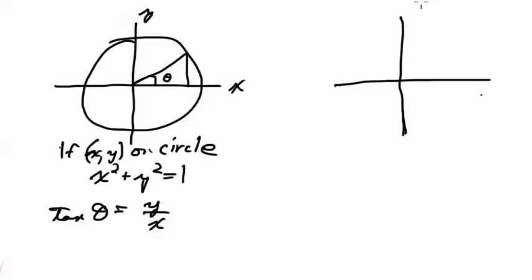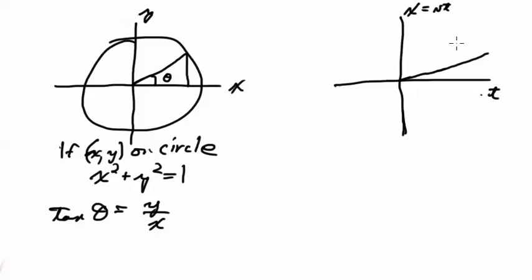Now I'm going to do a similar thing with x and t. If I have an object moving with a certain velocity v, then this would be the line x equals vt.